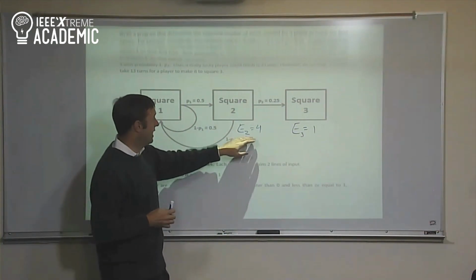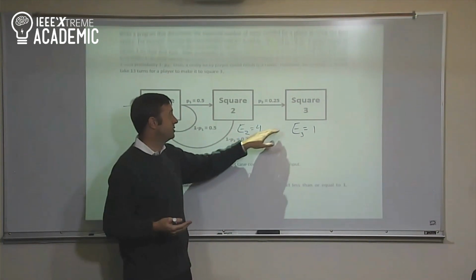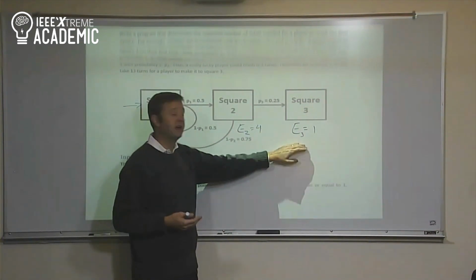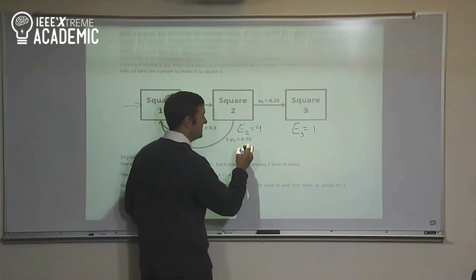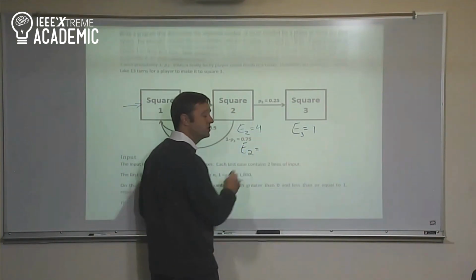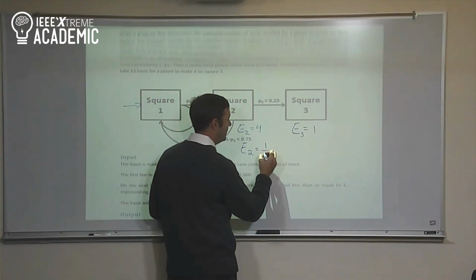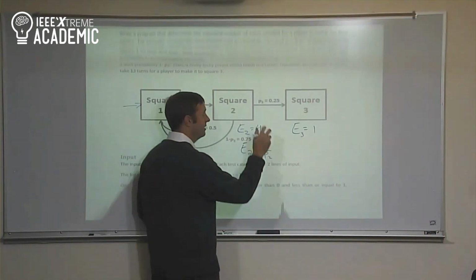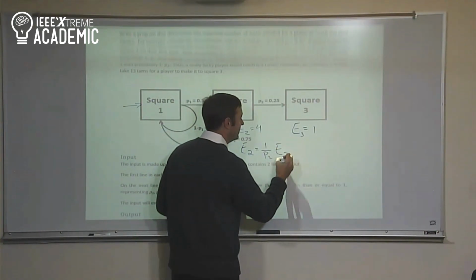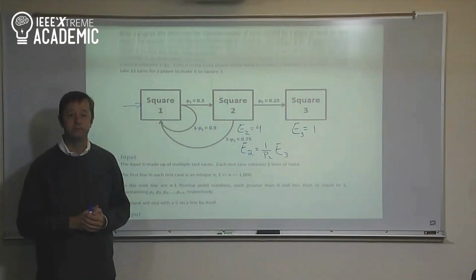If we're in square 2 4 times, 1 out of 4 times on average we get to square 3, then this works out, right? So in other words, the expected number of times we end up in square 2 is equal to 1 divided by the transition probability to get from square 2 to square 3 times the expected number of times we end up in square 3.